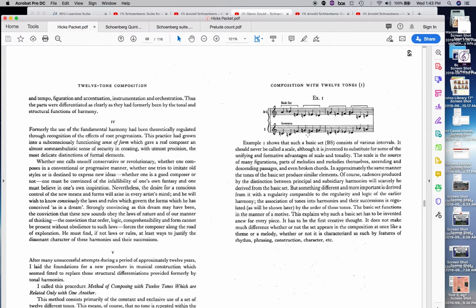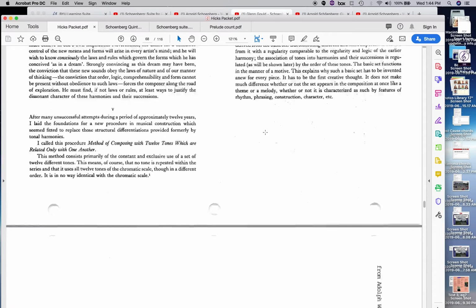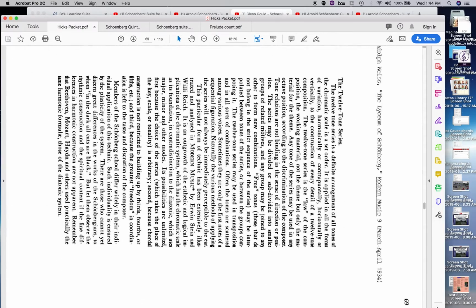Now, if I were to transpose it down by one semitone, B, B flat, E, F sharp, F, etc., that would be I2 instead of I3. Okay, let's go on. We're going to do so much with this.